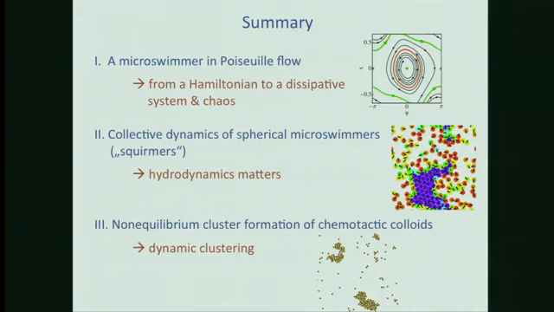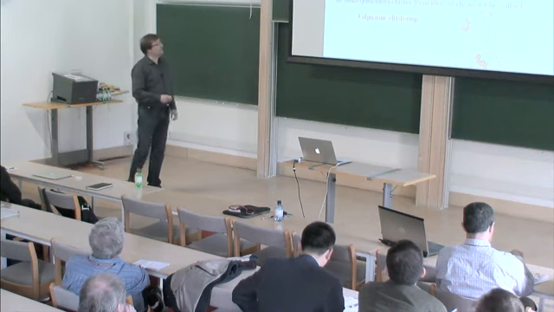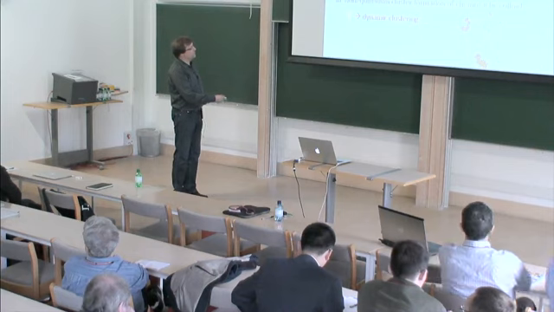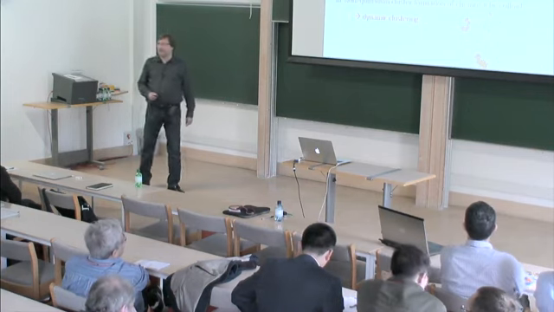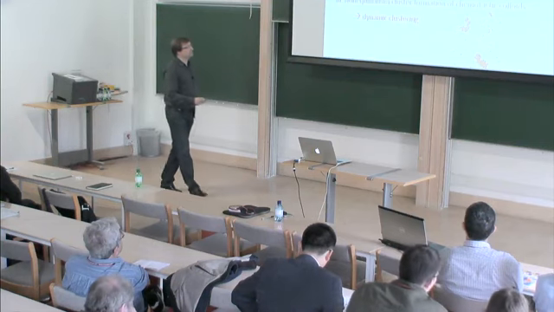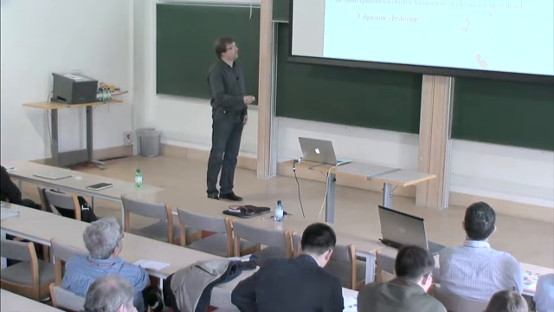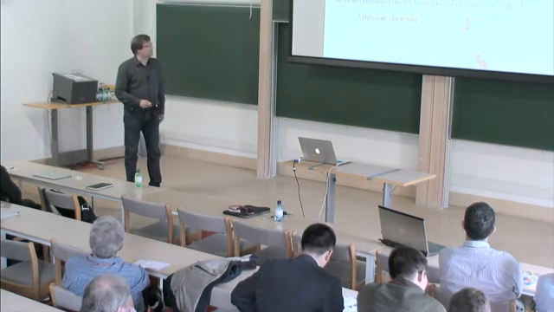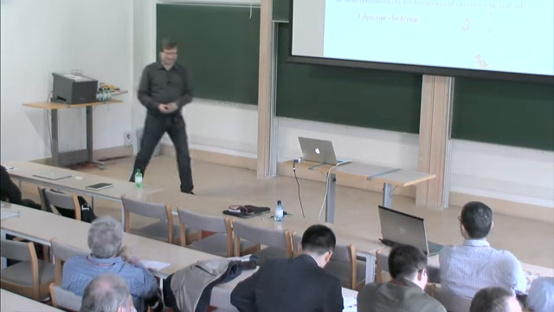I told you that at least in our setting, hydrodynamics matters when you study the 2D motion of squirmers in a confined geometry. And then I gave you some first results on how we study non-equilibrium cluster formation with chemotactic colloids or colloids which interact by phoretic interactions. And I thank you for your attention.